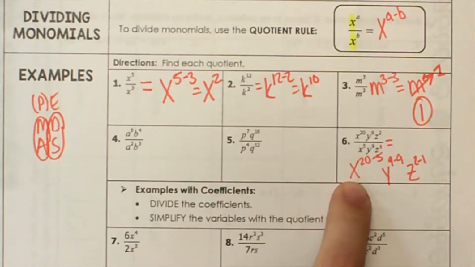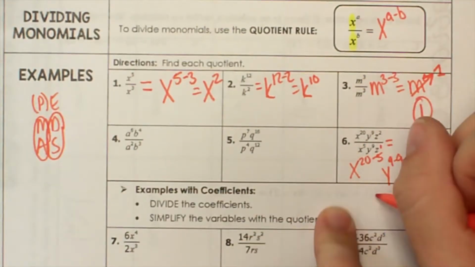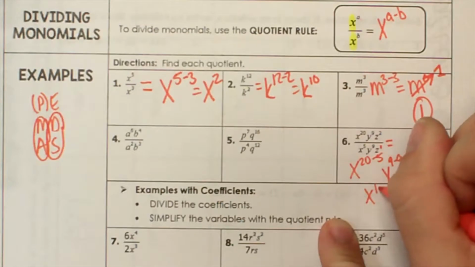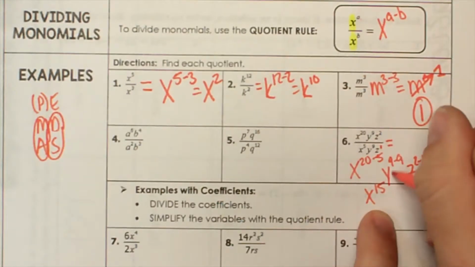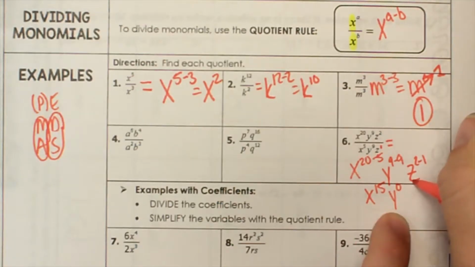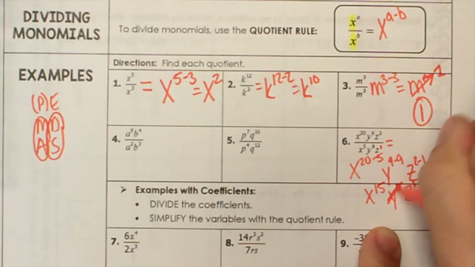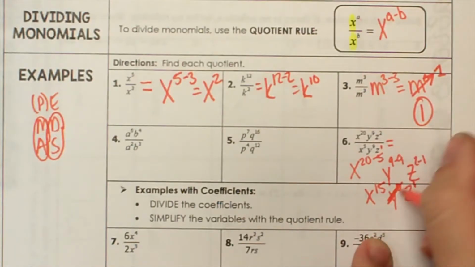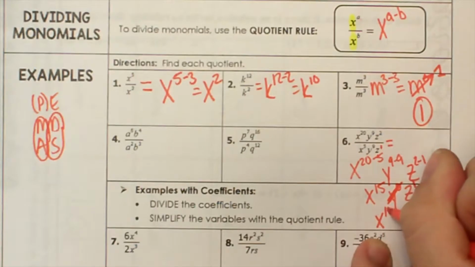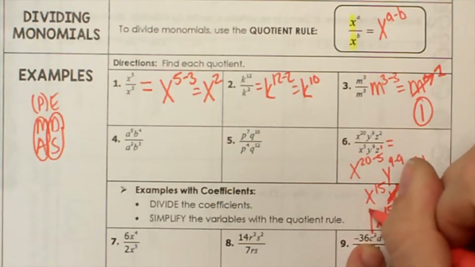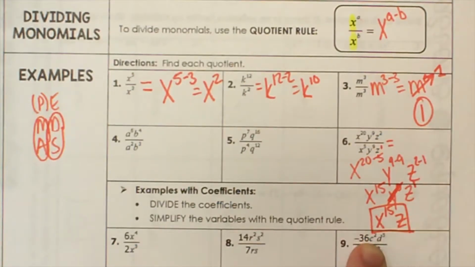So when we simplify 20 minus 5, we have x to the 15. 9 minus 9 means we have y to the 0. 2 minus 1 means that we have z to the 1. So when we simplify, your y to the 0 goes to 1. So we actually end up with x to the 15, z. That's your answer for that one.